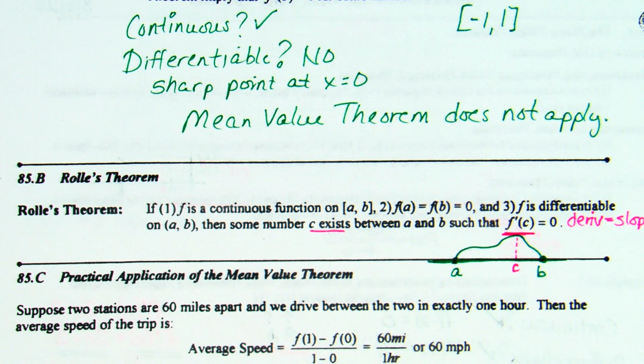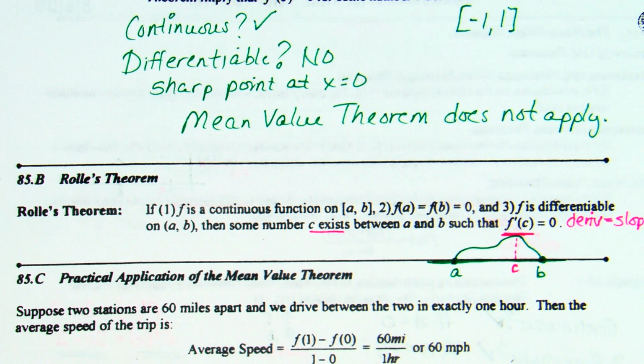Think about it. Does that make sense to you? Two stations are 60 miles apart. So at time 0, you're at your 0 location. Does that make sense to say? At time 0, you're at location 0. You drive an hour, so at time 1 hour, how far have you driven? 60 miles, right?